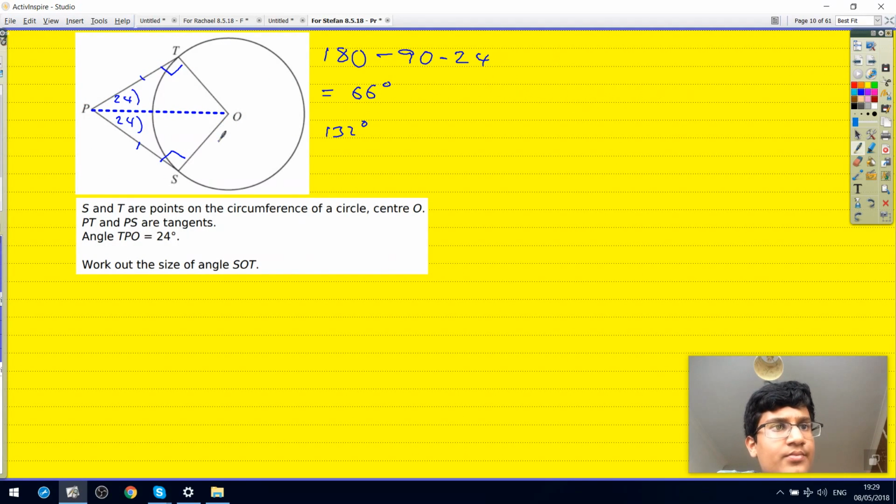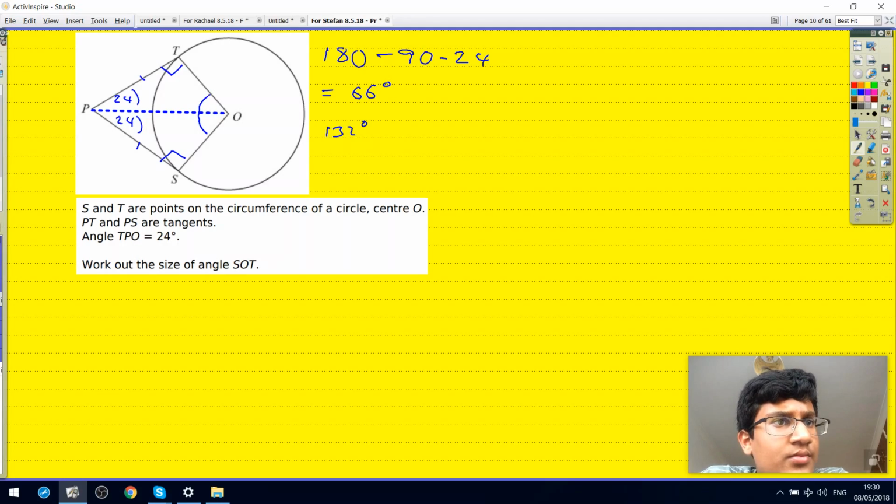So for this one here, our answer was 132. What would be the two angles together? We said this was angle SOT, so 66 degrees.